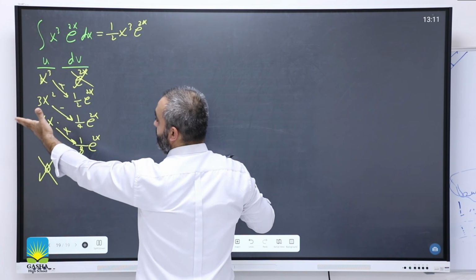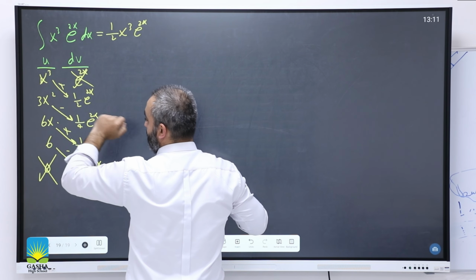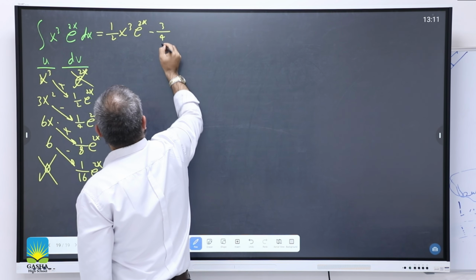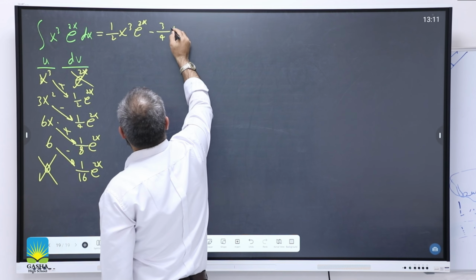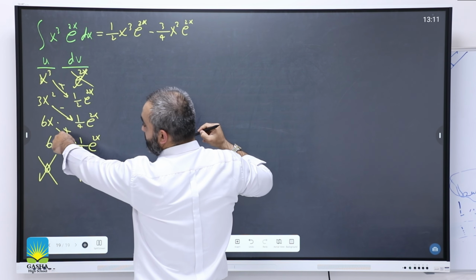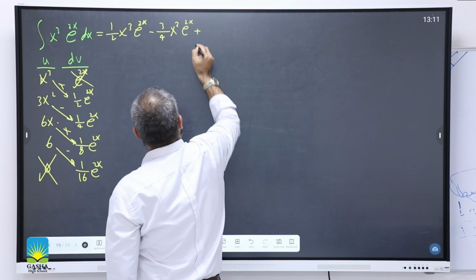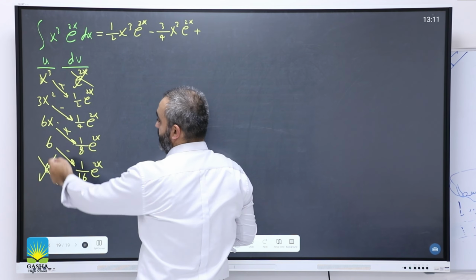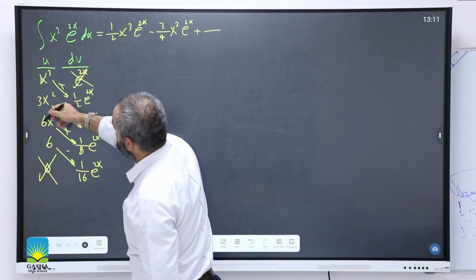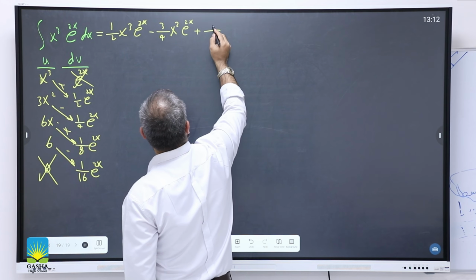So this is very, very easy. 3x squared times 1 over 4 e to the power 2x, minus 3 over 4 x to the power of 2 e to the power 2x. And positive times positive, it's also positive. It's very, very easy. 6x times 1 over 8, we cancel 6 and 8 by 2.